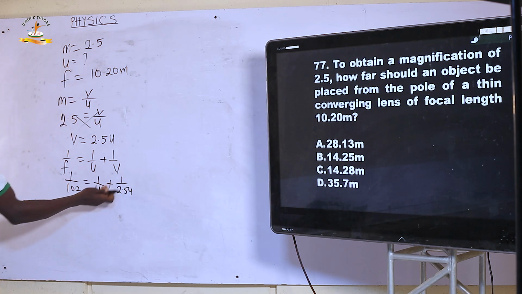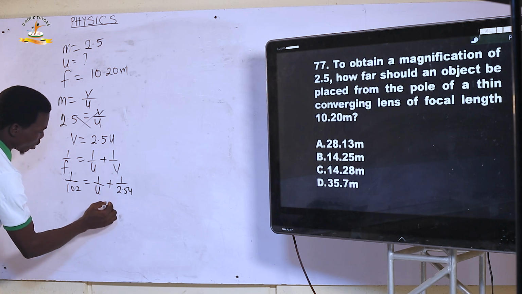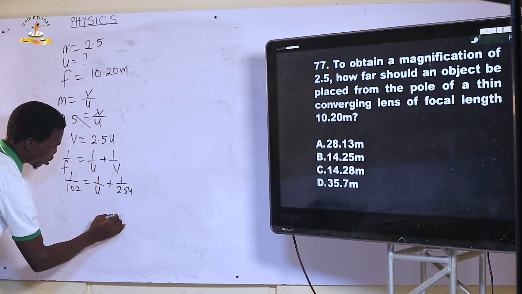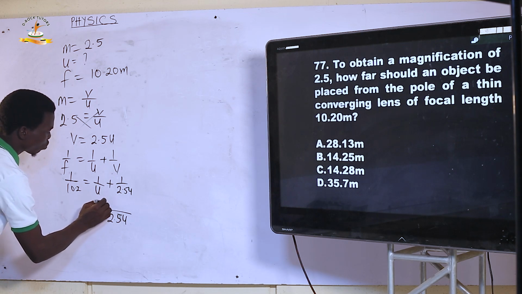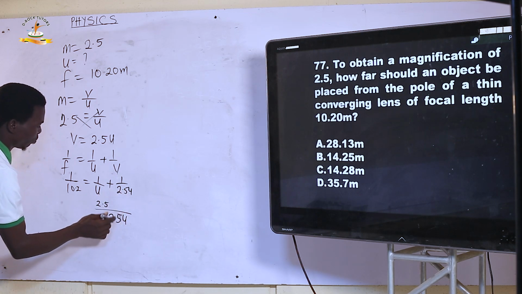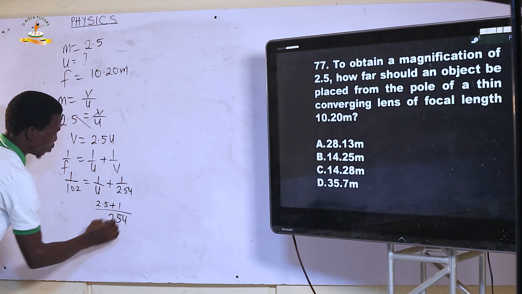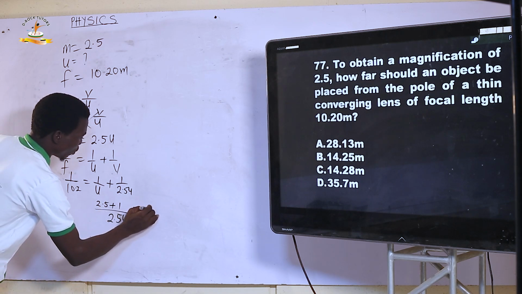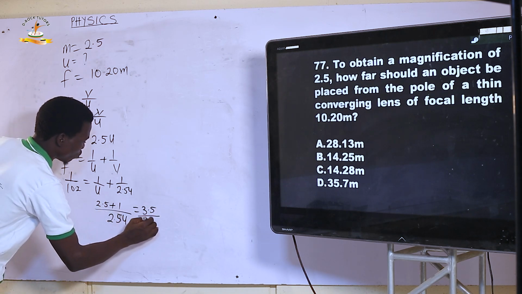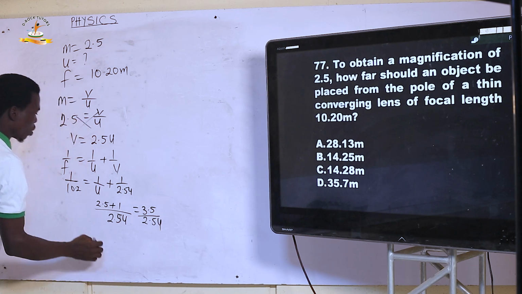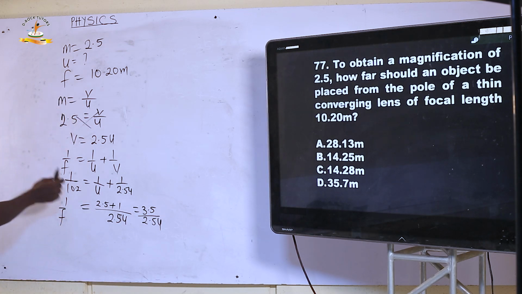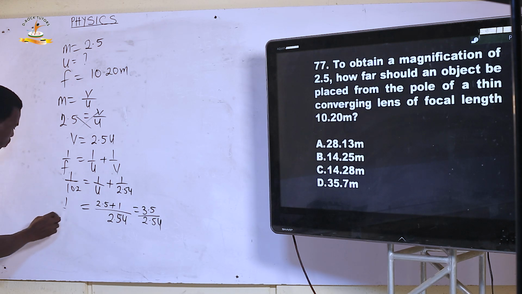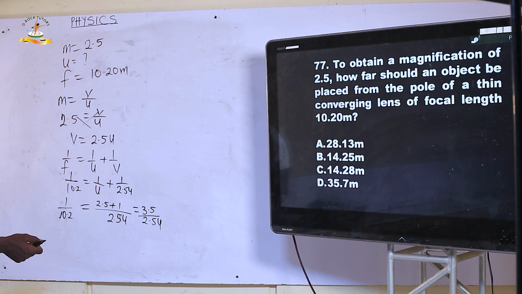Here we sub this right hand side, and what are we left with? The sum is obviously 2.5u, and u goes there, it will give you 2.5. This goes there, it will give you 1, and this is going to be 3.5 over 2.5u equals 1 over f, or rather 1 over 10.2, since our f is 10.2.